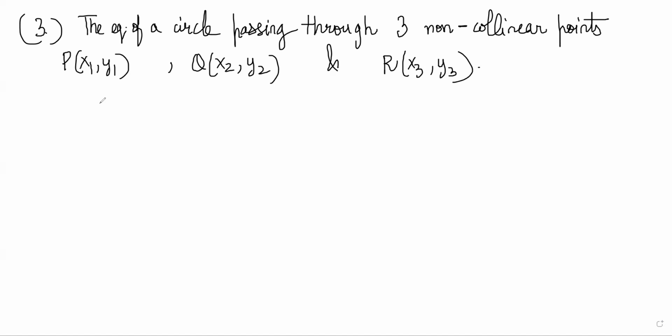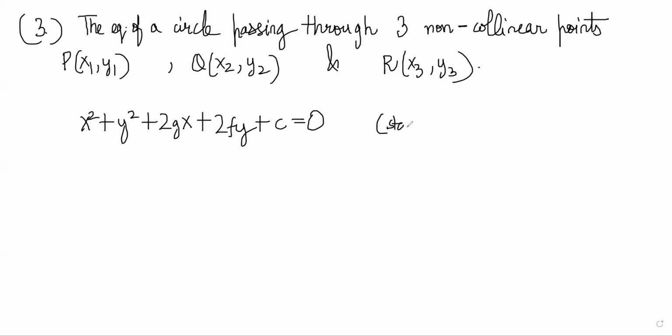So actually the method here is simple. You have x square plus y square plus 2gx plus 2fy plus c equals 0. This is my standard circle equation. And what we have to do is we have three equations because P, Q, and R lie on this circle. P, Q, and R will satisfy the equation.